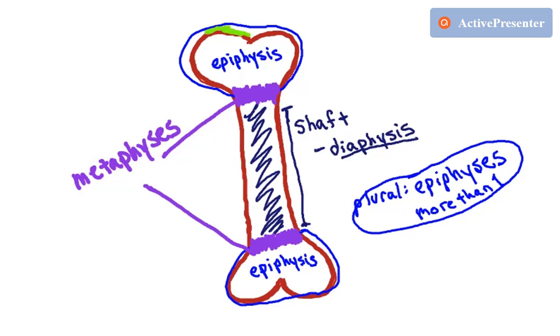And then don't forget about the hyaline cartilage, or the articulating cartilage, that covers the outside of the ends of these bones so they don't rub up against other bones and cause discomfort.